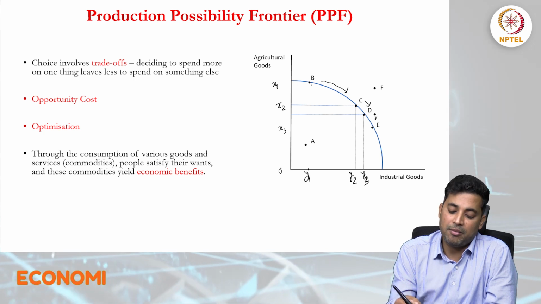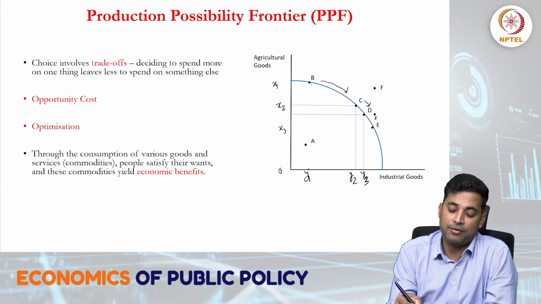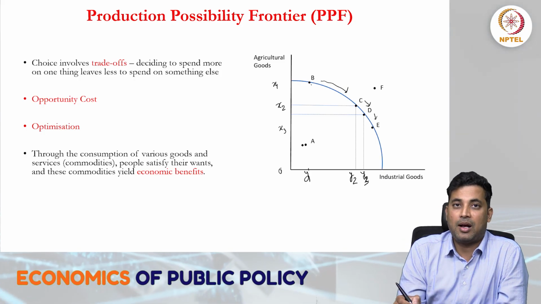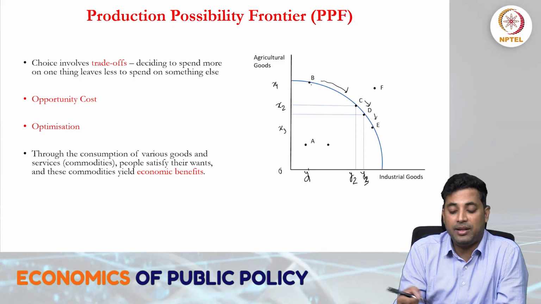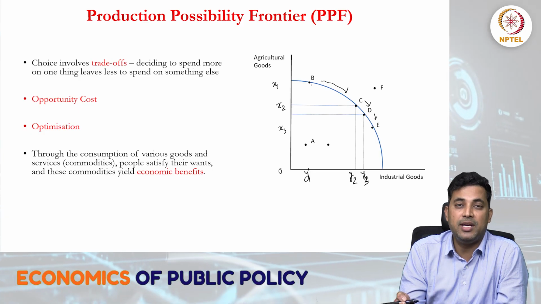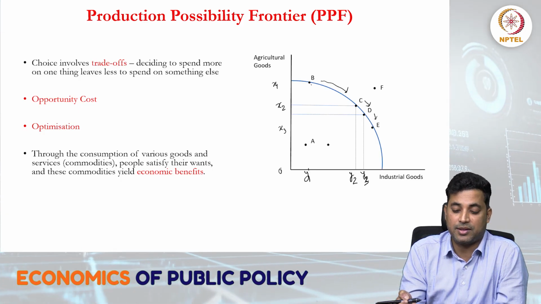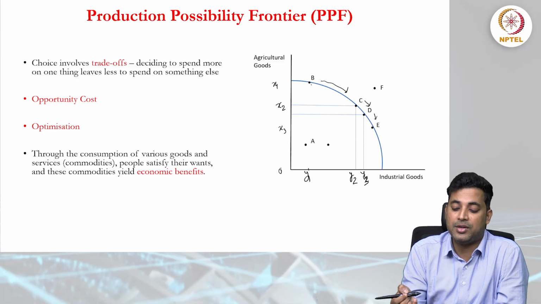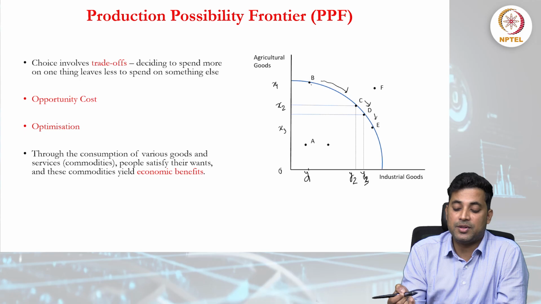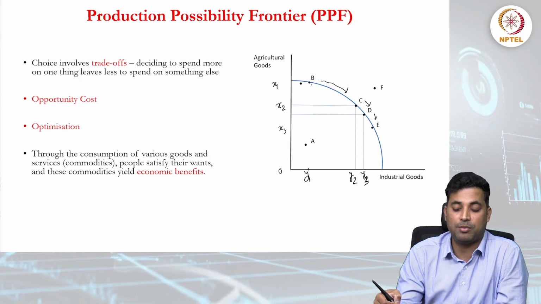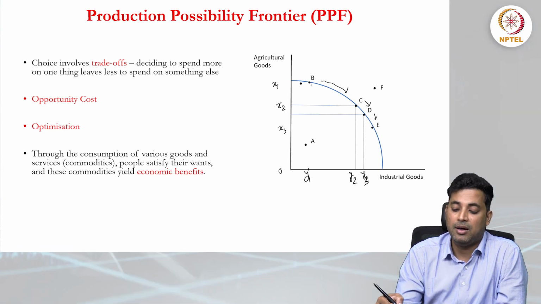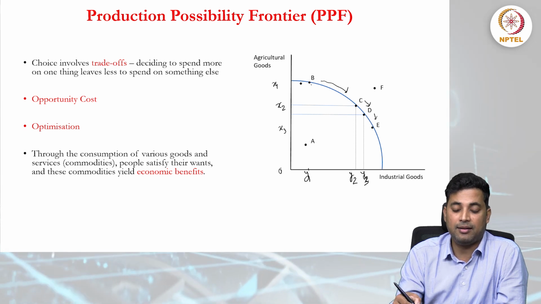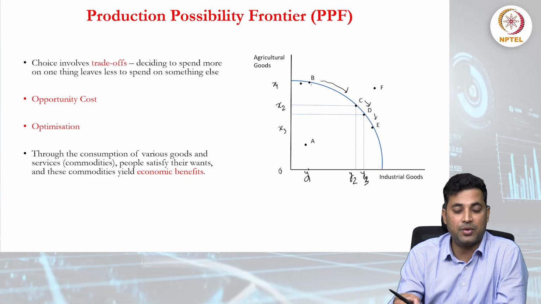Now if a nation, or I as a producer, am at point A, it falls within the production possibility frontier, which means there is underutilization of the resources. With the given resources and full capacity, a country or producer can be on the production possibility frontier, which is the blue concave curve. But under this curve is basically underutilization.